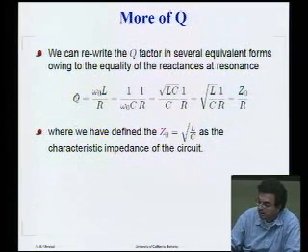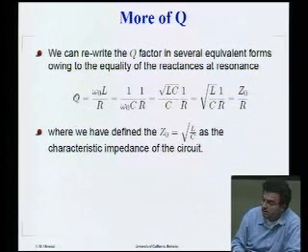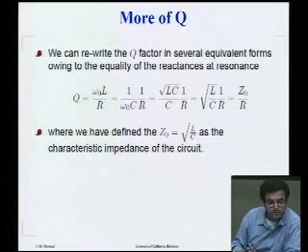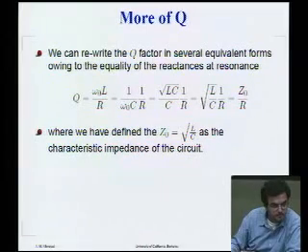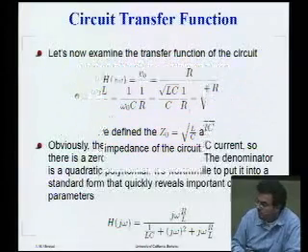So the quality factor, which is a unitless parameter, is a ratio of two resistances. One resistance, which is square root of L over C, and the other resistance is the physical R of the circuit. Okay? Questions or comments? Okay.